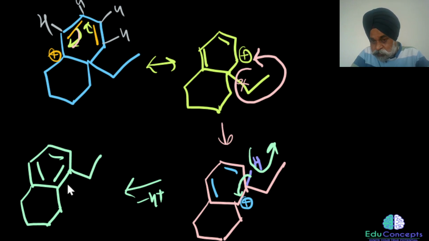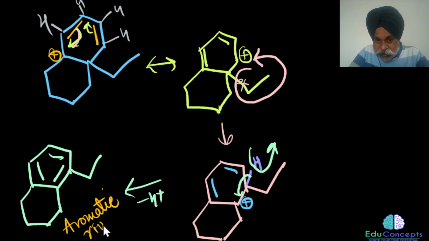Now, in the process, what have we achieved? We have achieved aromatic character, or aromaticity came into the picture, which would make it highly stable. So we have attained an aromatic ring in it, which makes it highly stable.